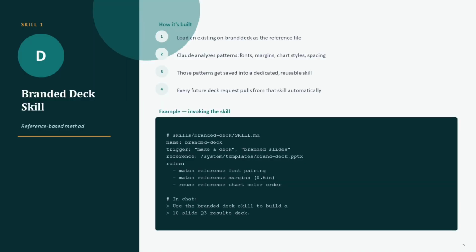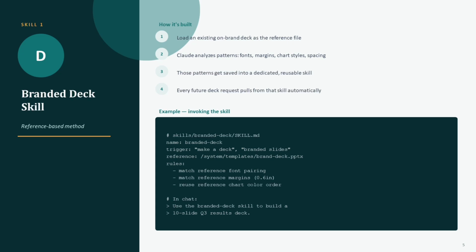Then let's learn about the first skill, our brand deck skill. It's a reference-based method. How is it built? Load an example brand deck as a reference file, then Claude analyzes the pattern. Then you write your font, margin, style, and spacing, whatever according to your requirements or design planning.